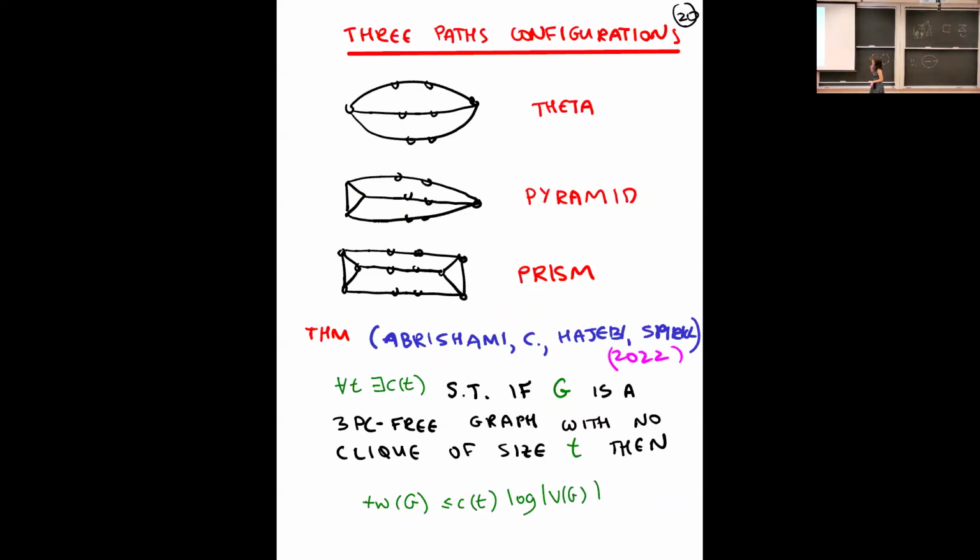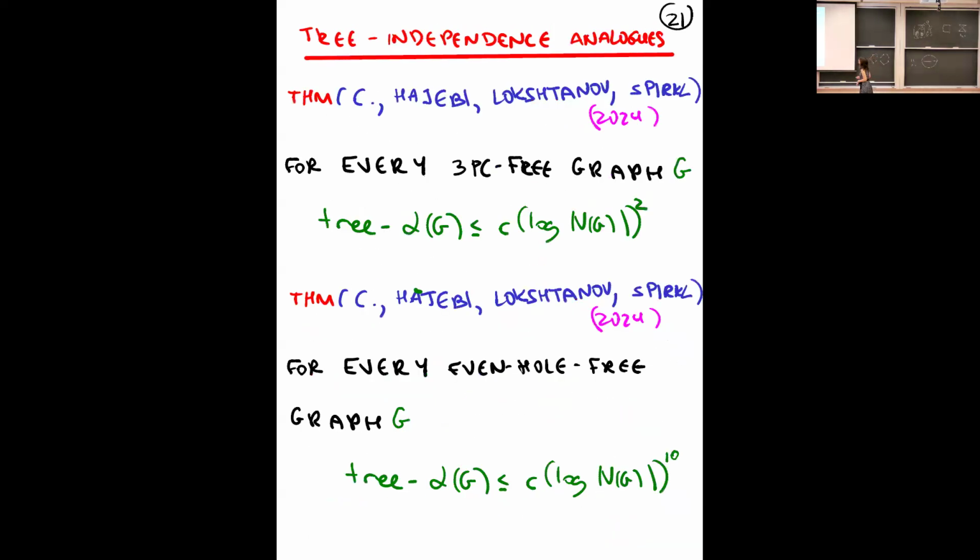And let me skip that. But what I do want to say is that, okay, so there was treewidth, and then there was tree independence number. And it's kind of interesting to understand, if I have a class where I exclude a big clique and there's bounded treewidth, is it true that if I now allow big cliques, then there's bounded tree independence number?